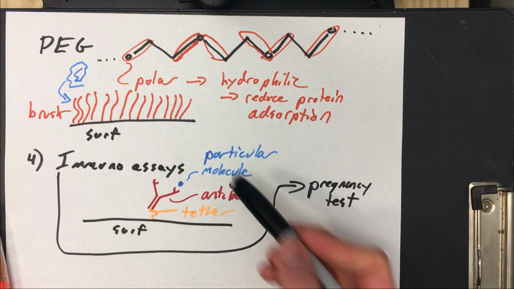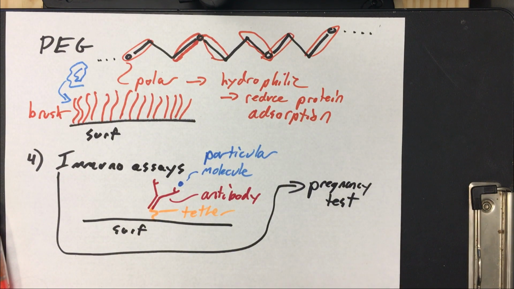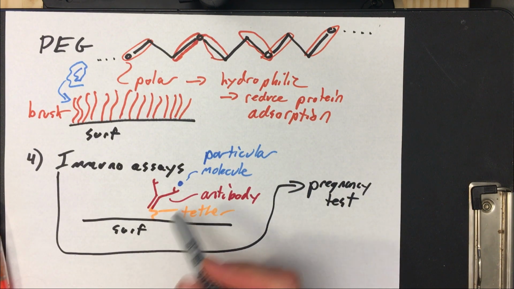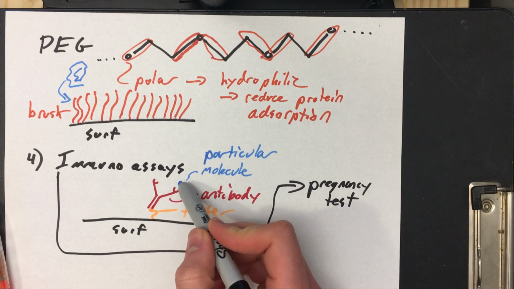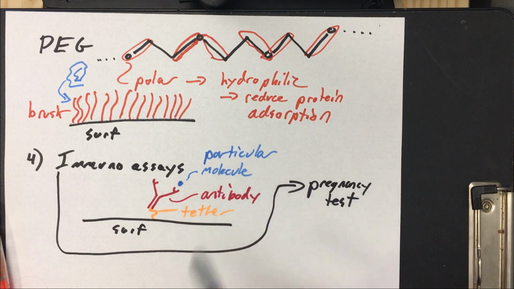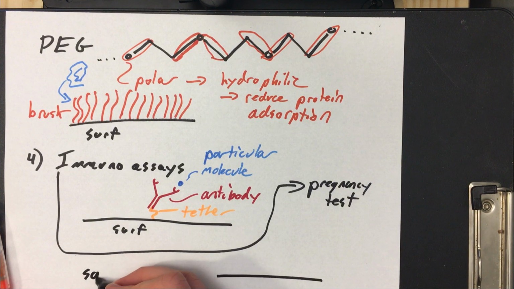And that molecule is present in the urine of the mothers. So you can basically flow some urine past this surface. Antibodies are tethered to that surface, and the antibodies stick to the particular hormone that's present. Oftentimes what you can do is you can sort of do what's called a sandwich assay.